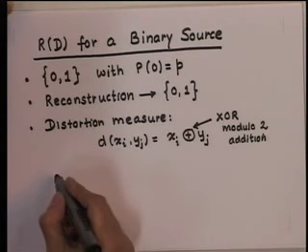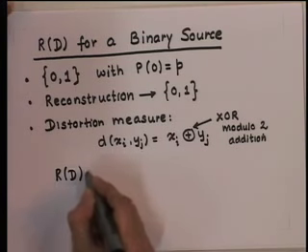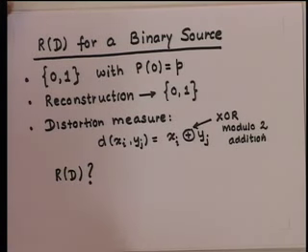Given this, let us find the rate distortion function for this source.